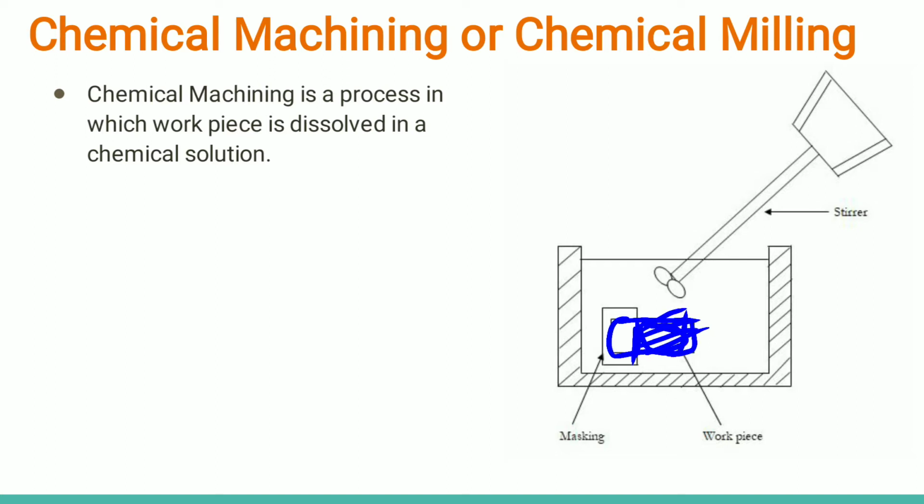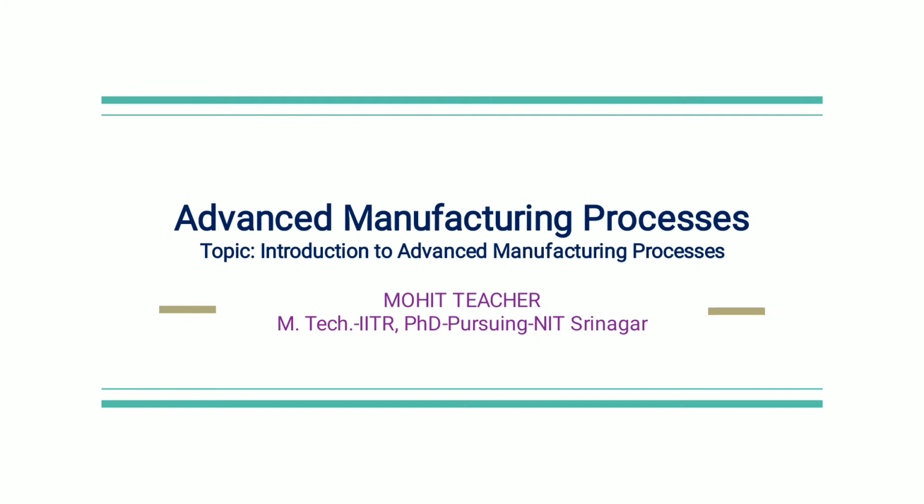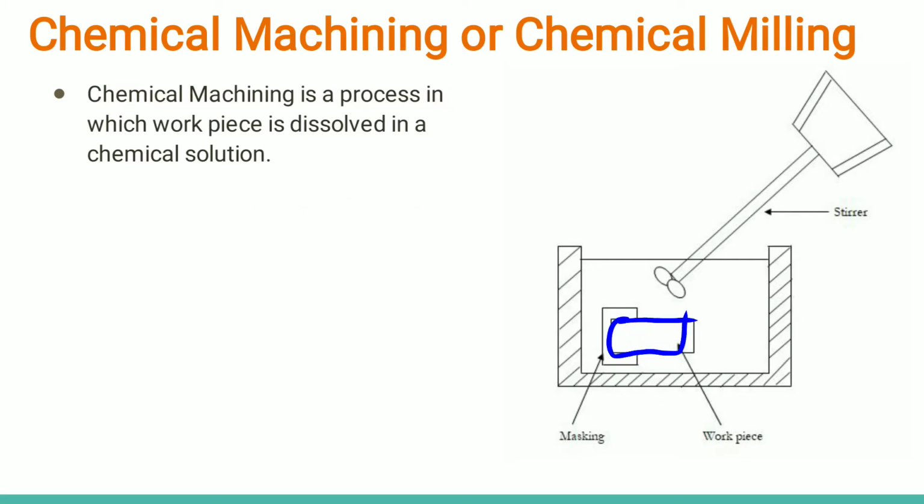So what we are doing is exposing this surface to the chemical solution. When this surface comes in contact with the chemical solution, it will remove the material layer by layer.